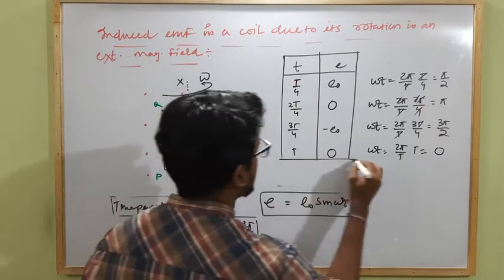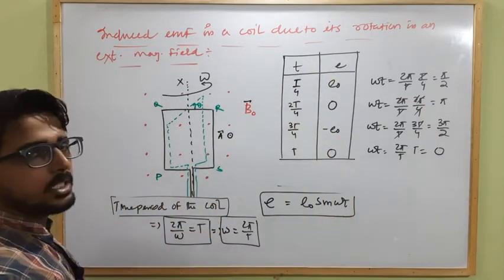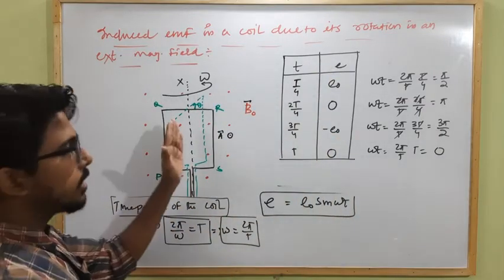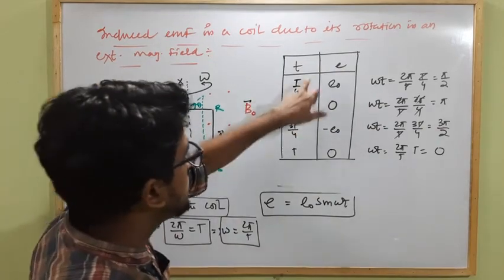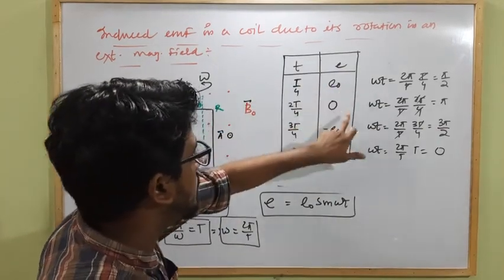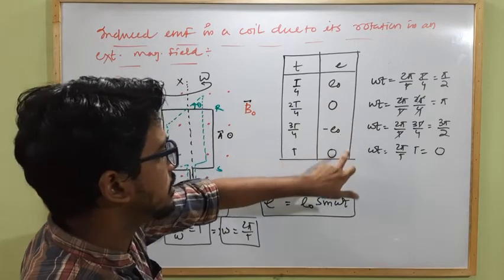So this is the table for the induced EMF produced in the rotating coil, which varies with respect to time: maximum, then 0, then maximum in negative direction, then 0.